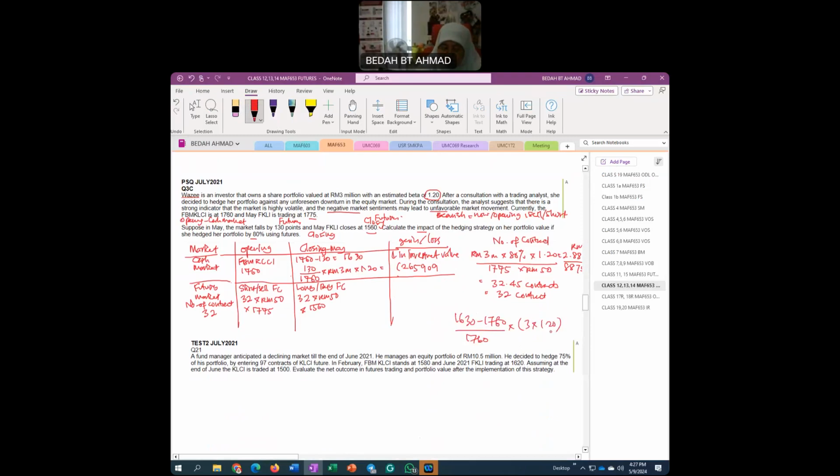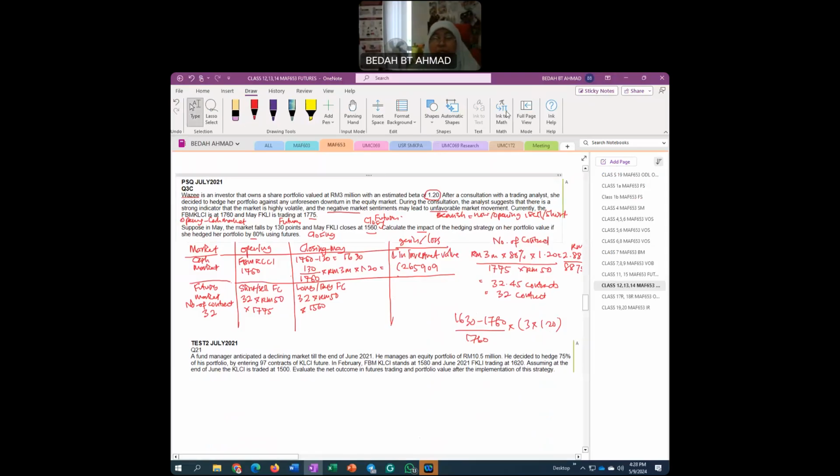So you get the difference of negative 130 because of the reduction, divided by 1760, then multiply by 3 million and by 1.2, so you get 265,909.